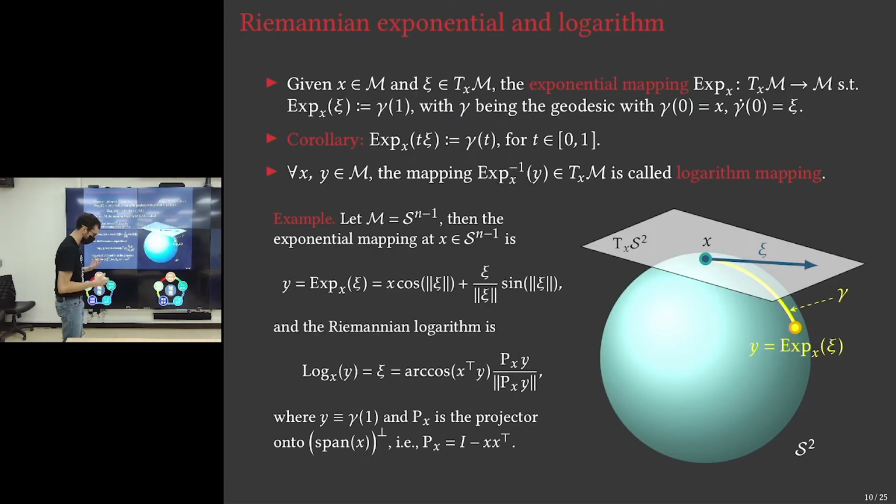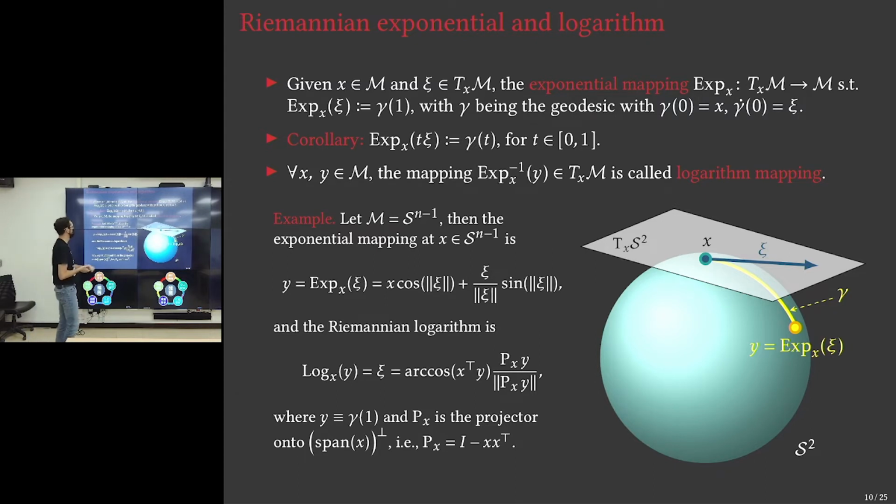To tackle this problem, we introduce other important tools from Riemannian geometry, the Riemannian exponential and logarithm mapping. Here I illustrate them for the special case of a unit sphere, which is also a special case of the Stiefel manifold. I think it's a good concrete example to focus our ideas on.